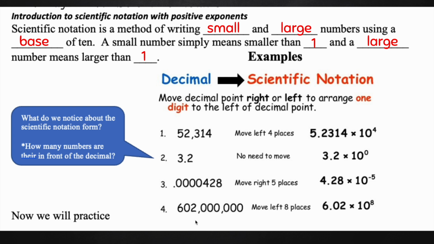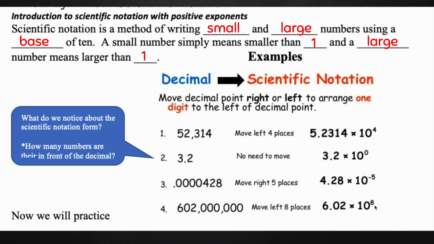And I'm going to move it all the way over here so that it's 6.02. And again, if you notice, I can drop off all these zeros. I can't drop off the 0 that's between the 6 and the 2. That's an essential number. Okay, but these zeros I can drop off. They're non-essential zeros. I don't need them once I put it into scientific notation because I'm noting that I moved 8 places to the left.